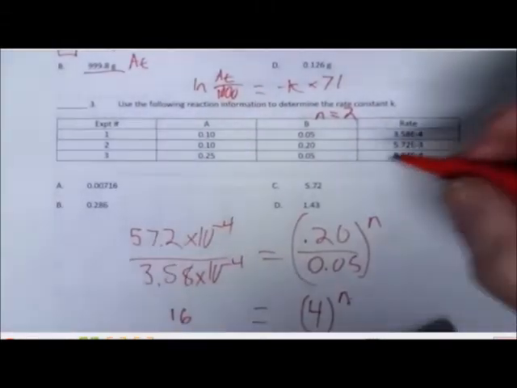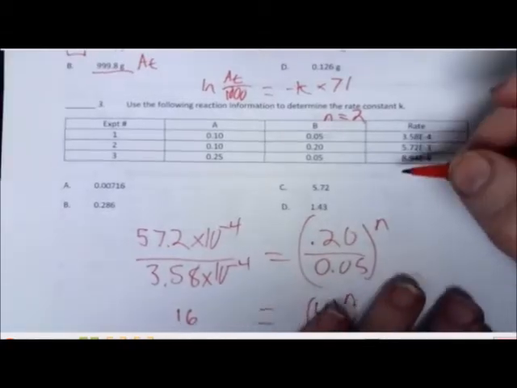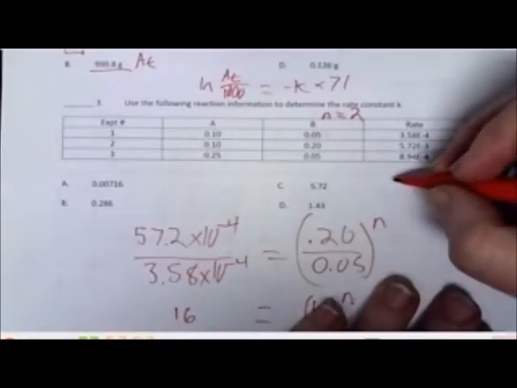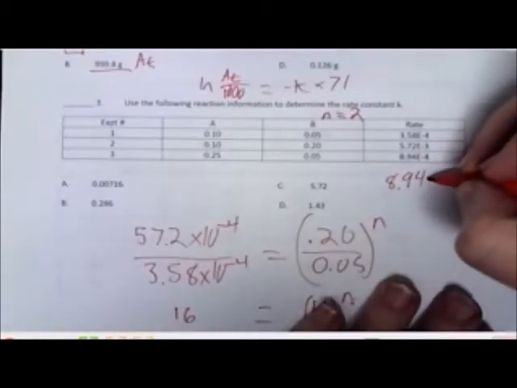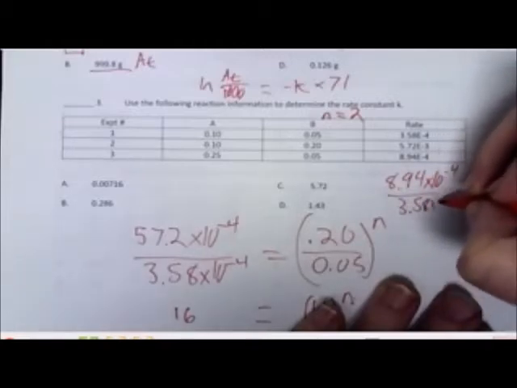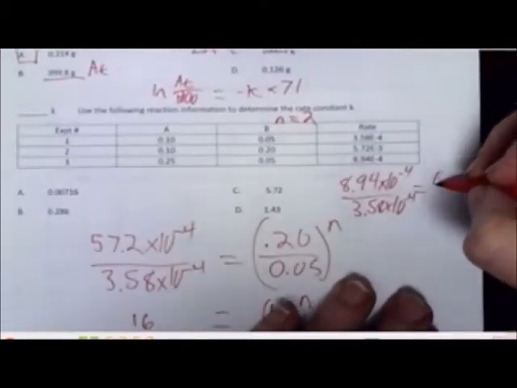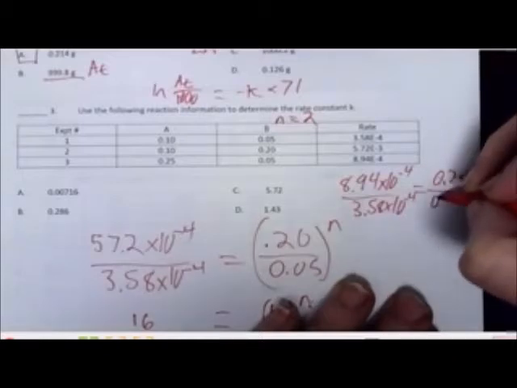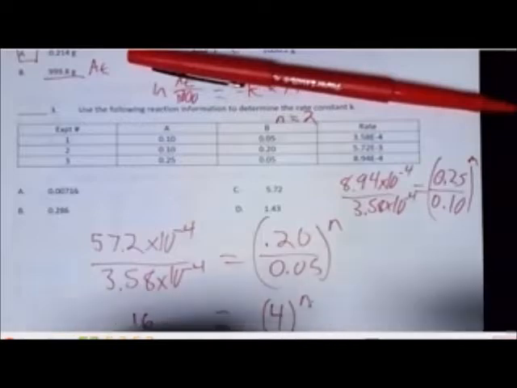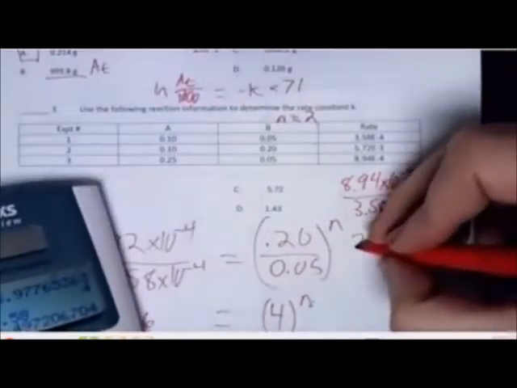Well, let's look at experiment 1 and experiment 3. So we have 8.94 times 10 to the negative fourth over 3.58 times 10 to the negative fourth equals 0.25 over 0.1 to the nth. 8.94 divided by 3.58 is 2.5.